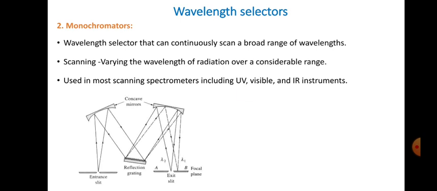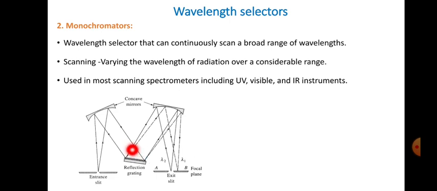So this is basically a schematic diagram representing the construction of the grating monochromator, okay. You can see they have the grooves, right, for reflection, and you can see the polychromatic light is coming through the entrance slit, and then it is focused with the help of concave mirrors, and then it is reflecting back on the reflector grating, and then you can move this reflector grating, right.